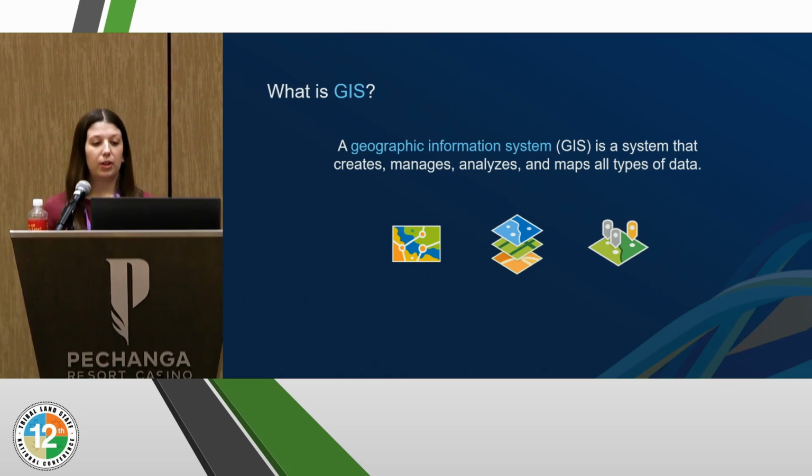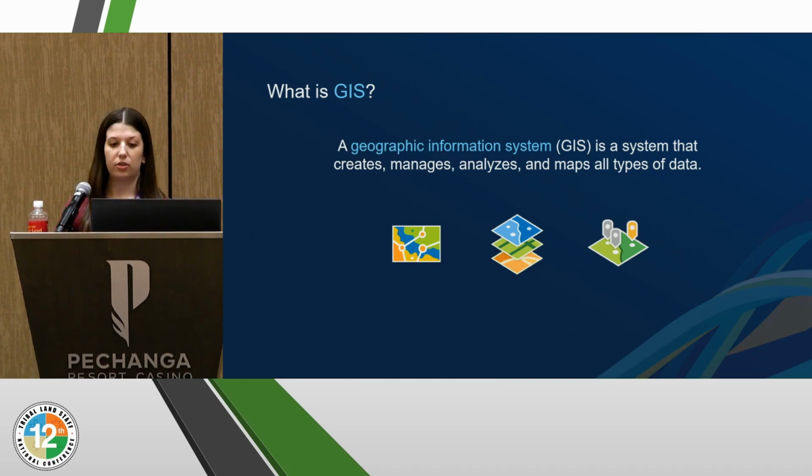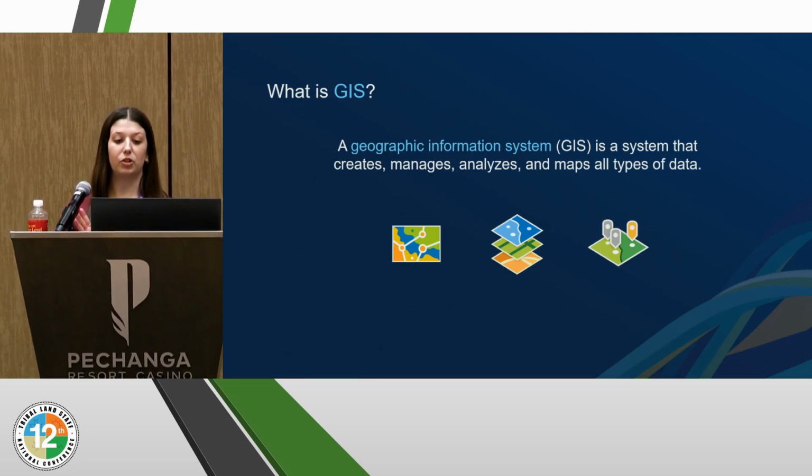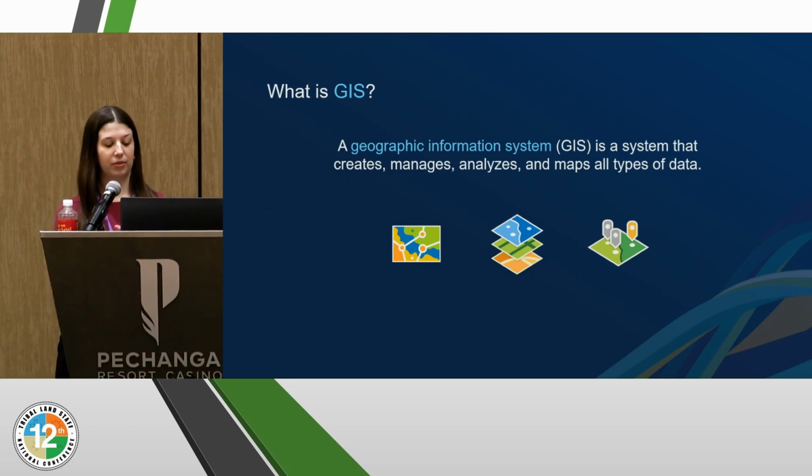And this provides a foundation for mapping and analysis that can be used in almost every industry. So GIS helps users understand patterns, relationships, and geographic context, and these benefits include improved communication, efficiency, as well as better management and decision making.